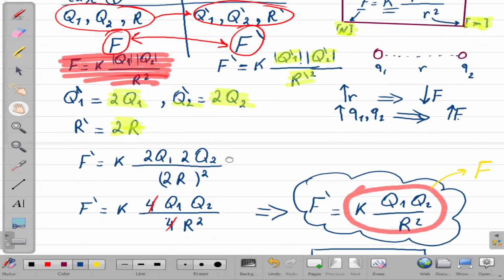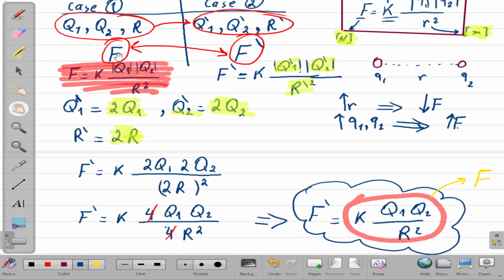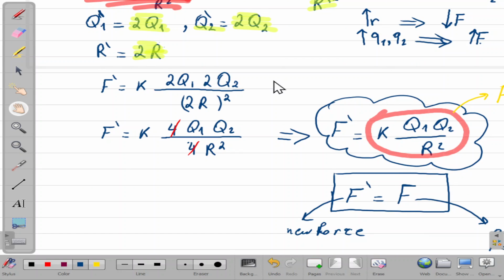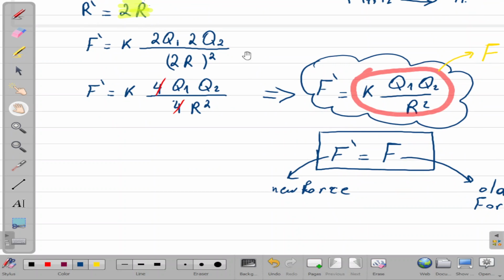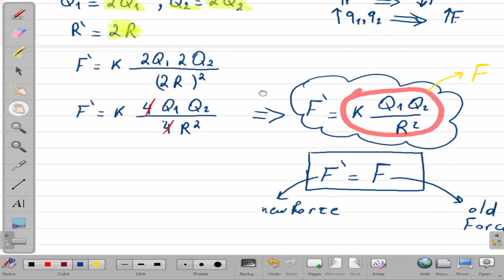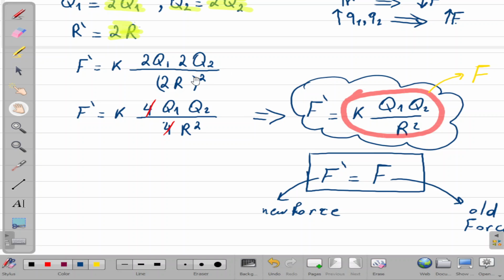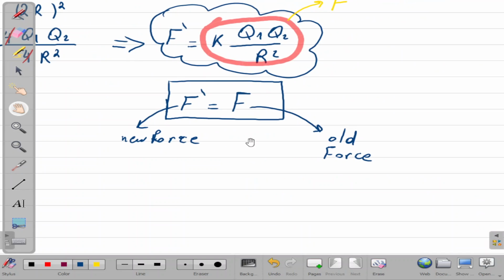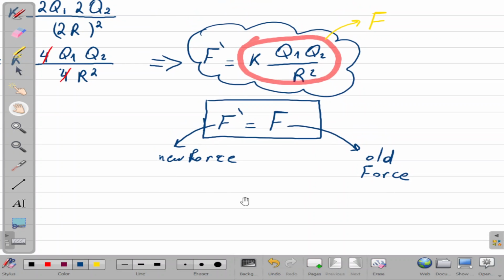Therefore, in order to find a relationship between the forces, we need to make the substitution in order to make the link. And this is what we did. After we found a relationship between the quantities, we substituted these quantities in one of the relationships, and finally we get a relationship between the forces. After that, we concluded that the new force will be equal to the old force.